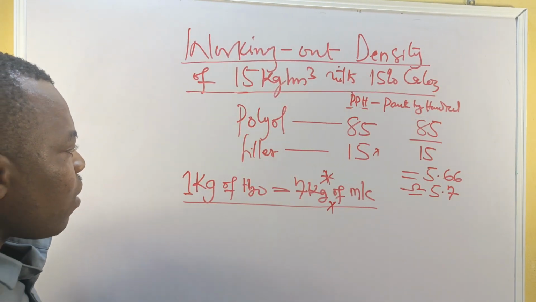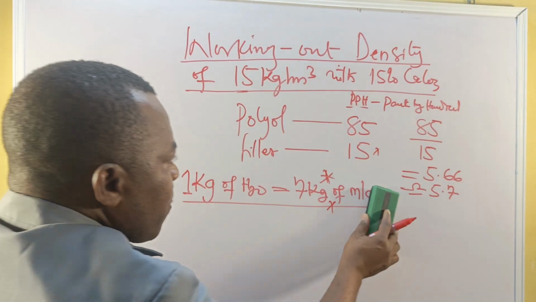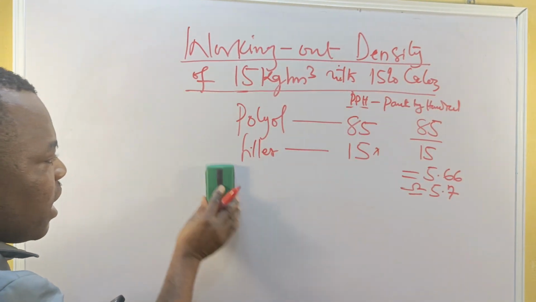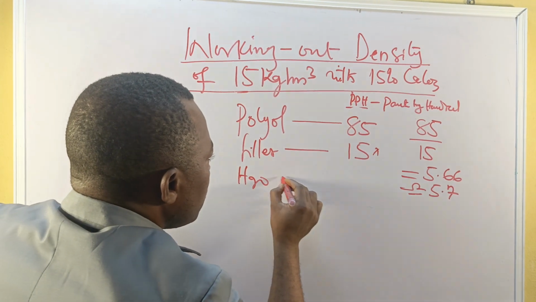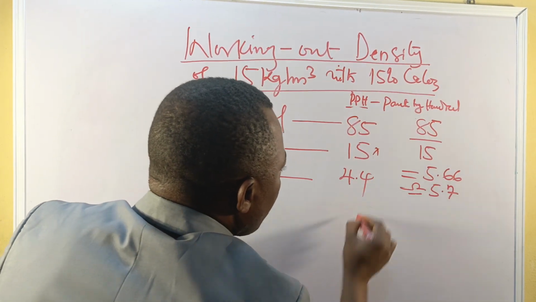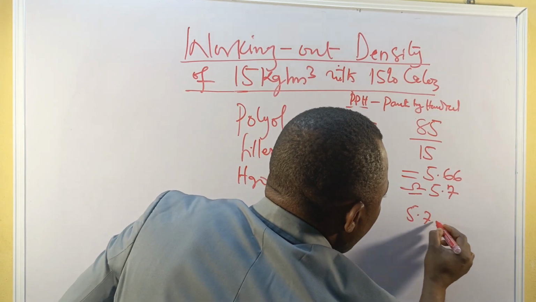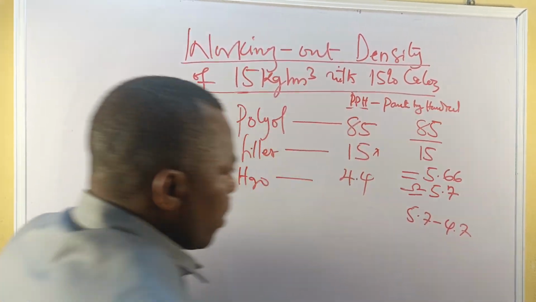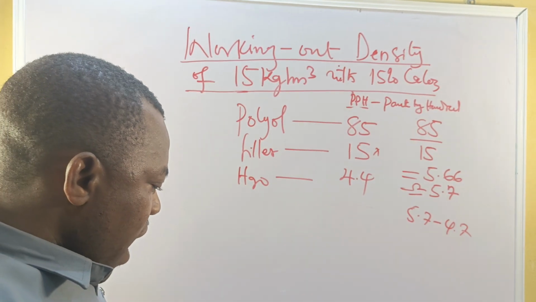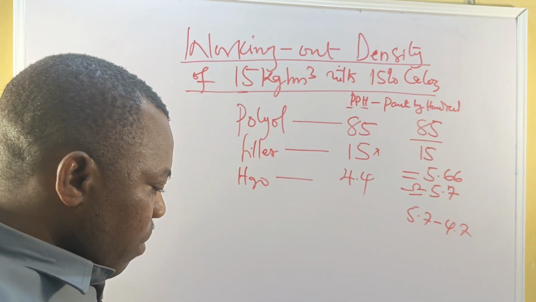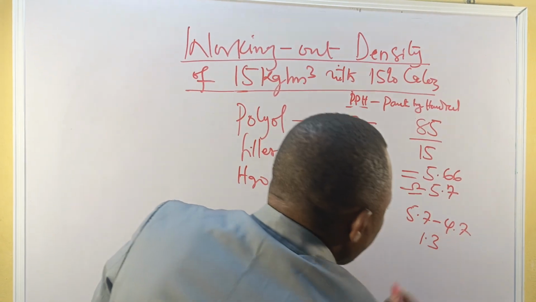Let's proceed. In this formulation, I'm assuming I will take water to be 4.4. Now, 5.7 minus 4.4, what we have there is 1.3.